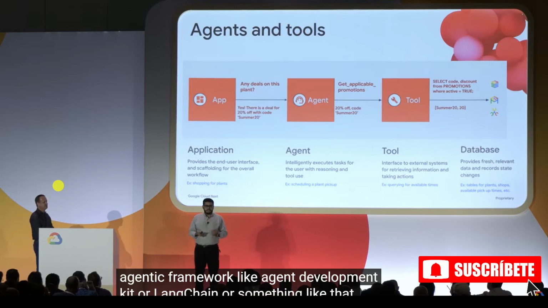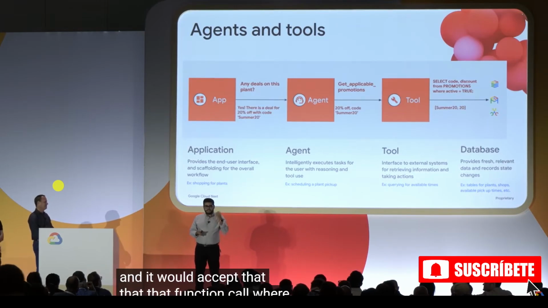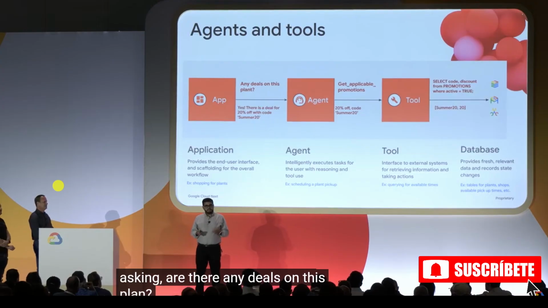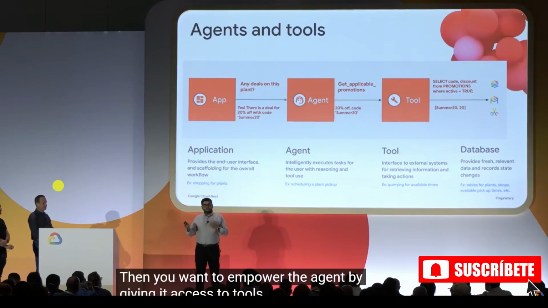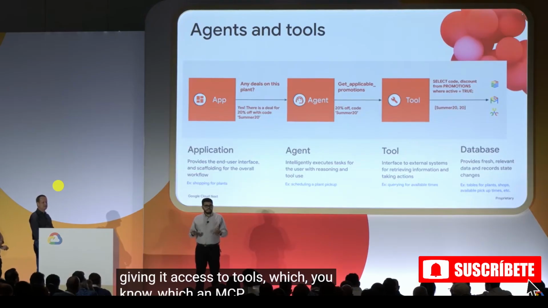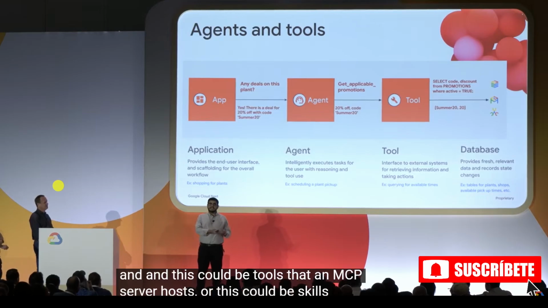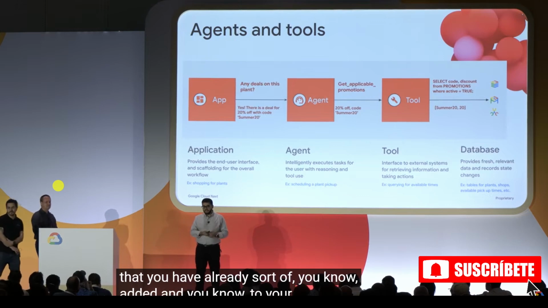It would accept that function call where the user is asking, are there any deals on this plan? Then you want to empower the agent by giving it access to tools which an MCP server hosts, or this could be skills that you have already added to your agent.